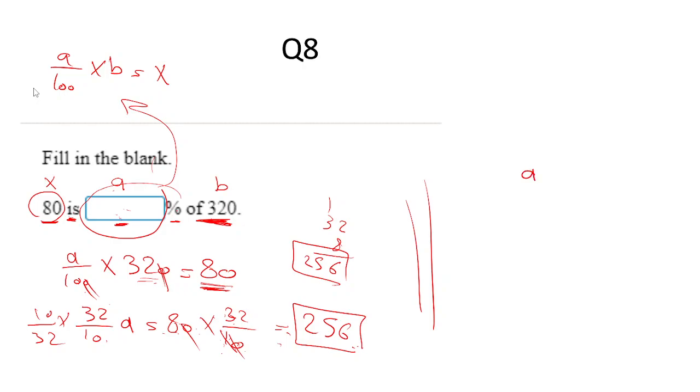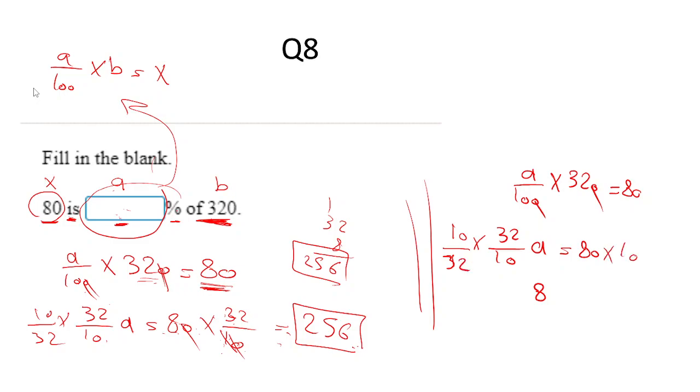Saying here A over 100 multiplied by 320 equals 80. So 32 over 10 A equals 80, and here it will be 800. Oh, I forgot.